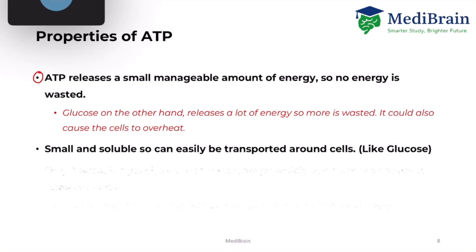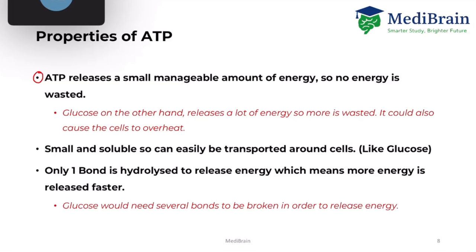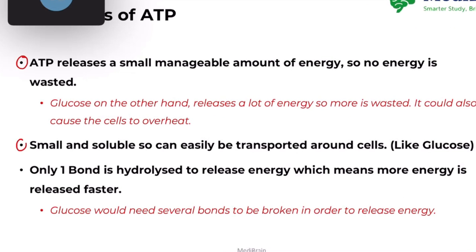Okay, only one bond needs to be hydrolyzed to release energy, which means more energy is released much faster. Okay, and this is the point that I've been reiterating all through the lesson. So glucose would need several bonds to be broken in order to release energy.